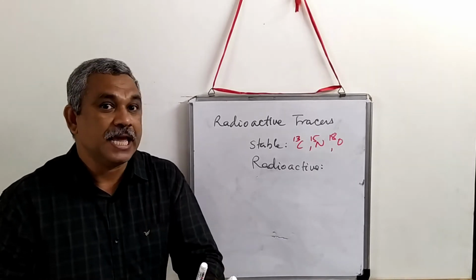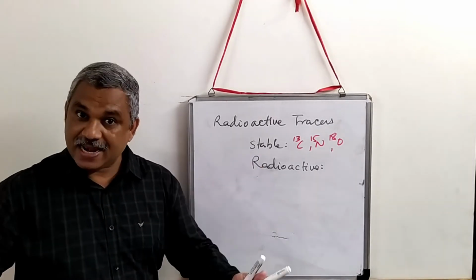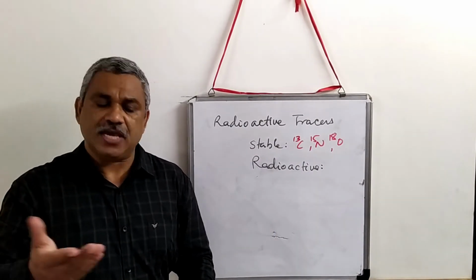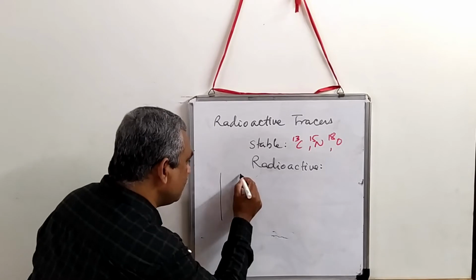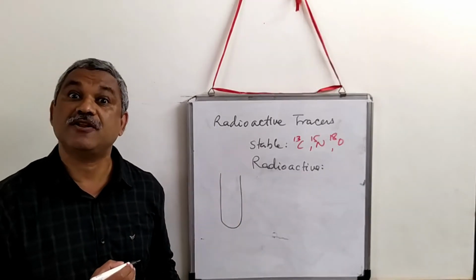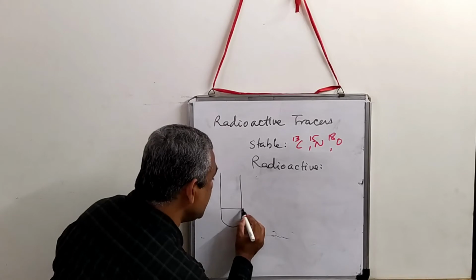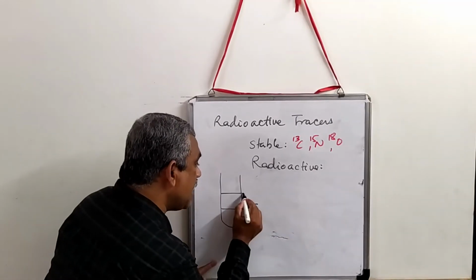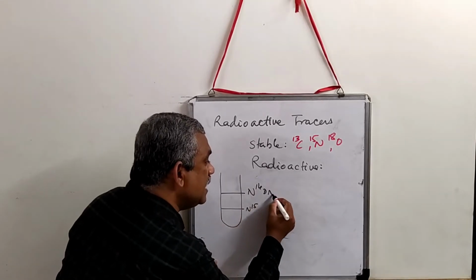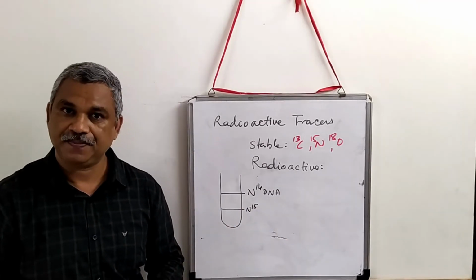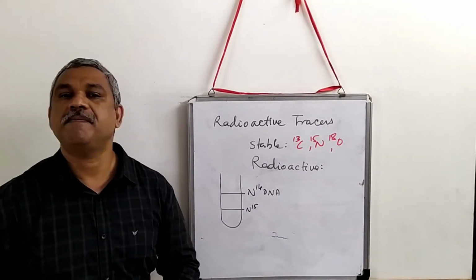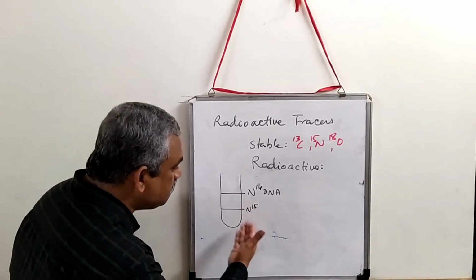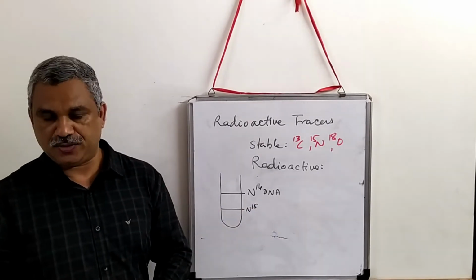Newly synthesized DNA which has incorporated N15 will be slightly heavy. So when density gradient centrifugation is carried out, the heavy N15 labeled DNA will be at a lower position, and N14 labeled DNA at a higher position. Other techniques like mass spectroscopy can be used to determine the structure of these molecules.